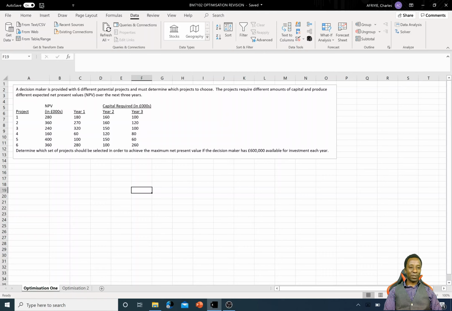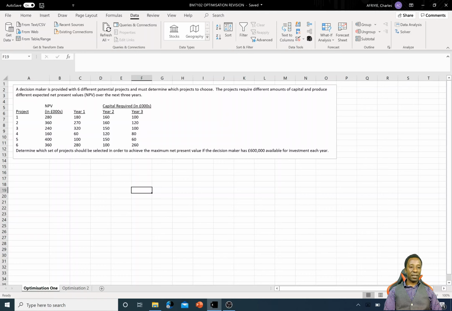So we are discounting the net cash flows to their present values for each of these 6 projects. And you can see we have the NPVs here, right? So for project 1, we have 280K all the way through to project 6, where we have 360K.